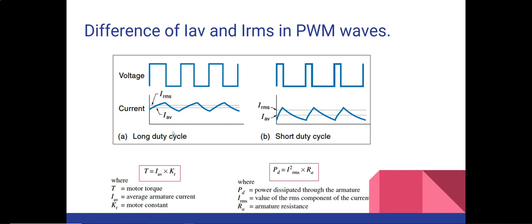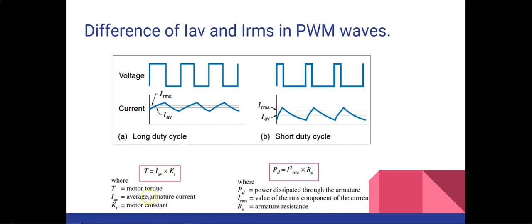The difference between these 2 values gets larger as the pulse gets shorter. So the difference here between IRMS and I average is much larger, whereas with the long duty cycle, this difference is small.